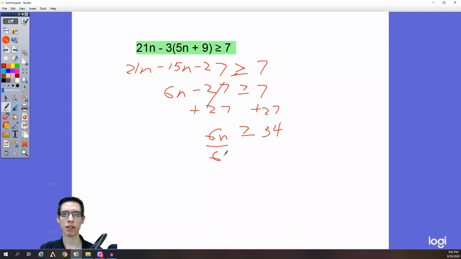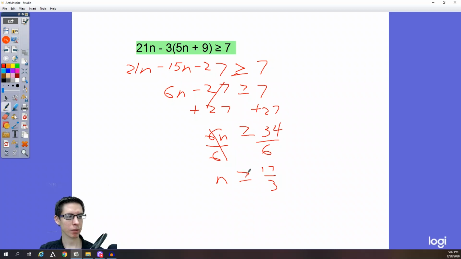Got to divide by 6. Did I do something wrong? I've got to check and make sure. Don't think I did. Okay. So n is going to be greater than or equal to 34 over 6, or 17 over 3. And that reduces.